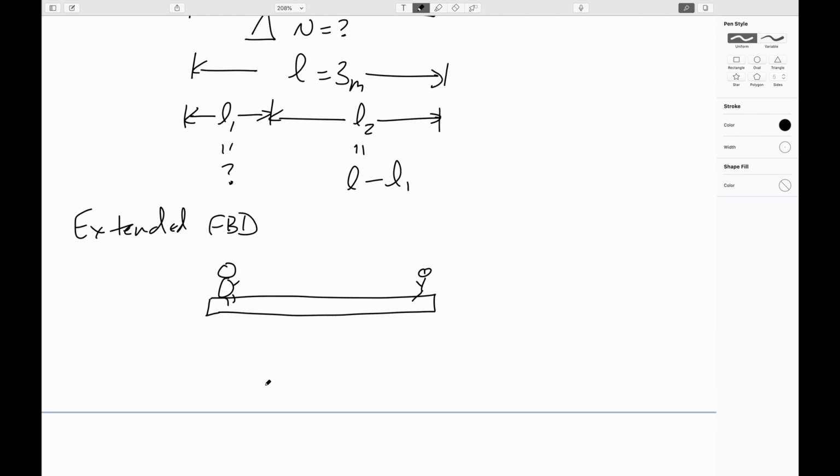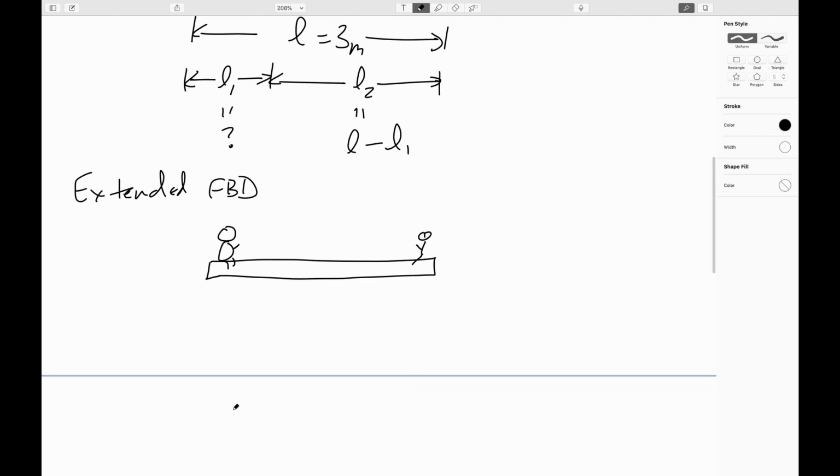You can go ahead and draw in the forces, just like we did before. Last time we found that there were two forces of gravity, Fg1, Fg2, and a normal force.